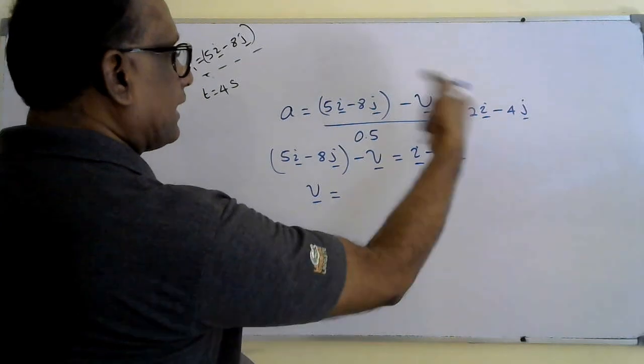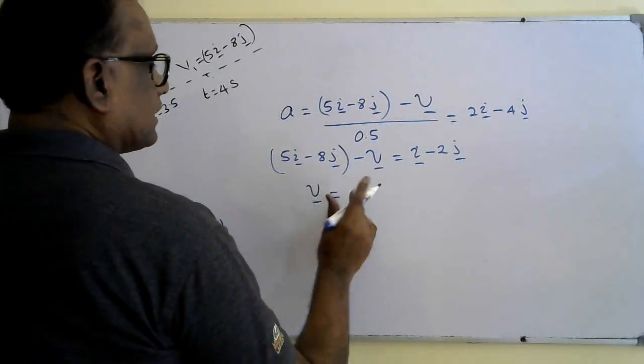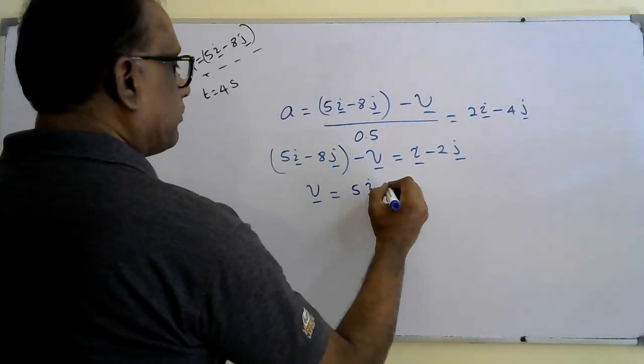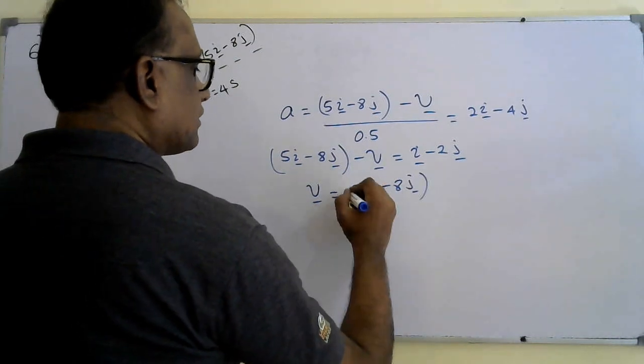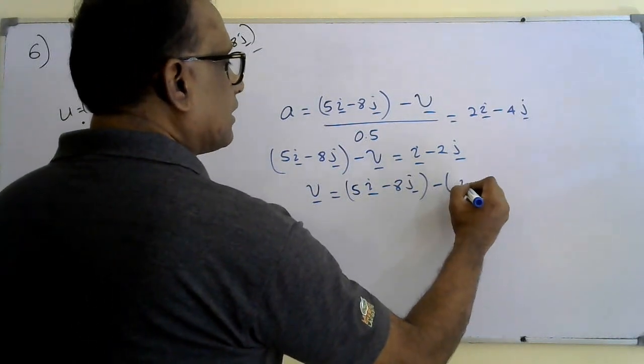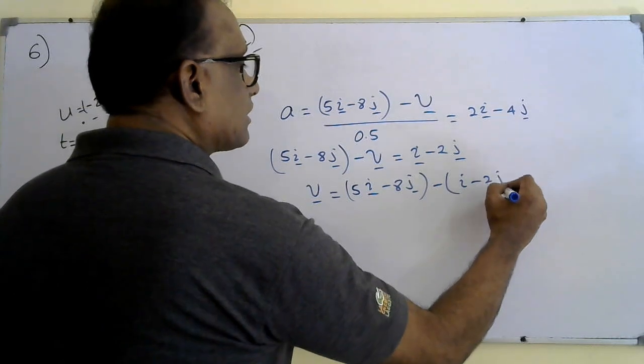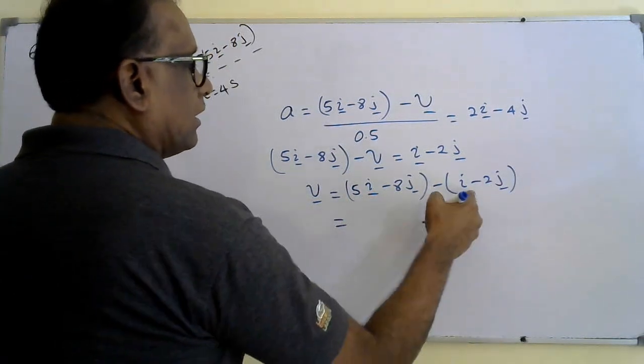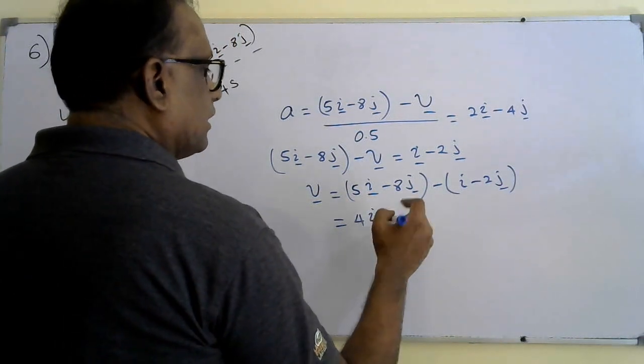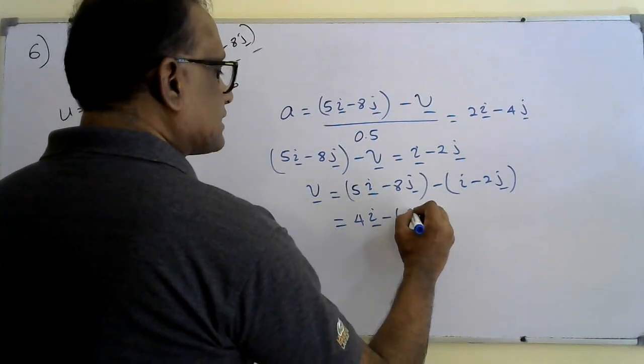Bring the v to the left and this to the right, so that is 5i minus 8j minus i minus 2j, so that's going to be 4i minus 6j.